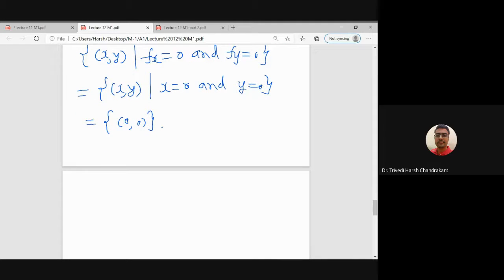There are such points, they are called saddle points.